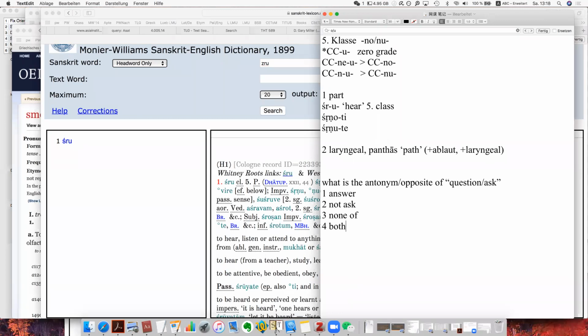Not ask, okay. Three, none of the above. For those who choose three, can you tell me what is the opposite of ask or question? Or answer, yeah. Actually, I kind of expected that you would choose answer.